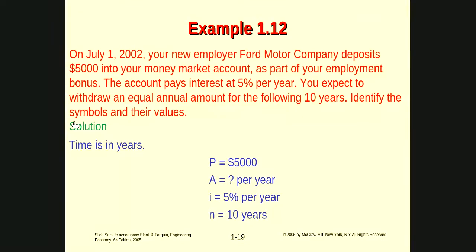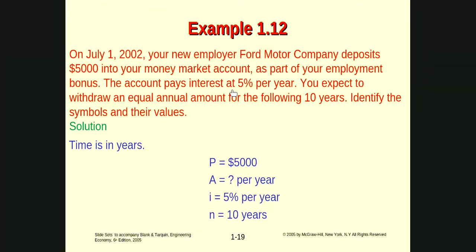Okay, now the company deposited 5,000 in the market account as part of an employment bonus. Regardless of why they did that, they deposited 5,000, saved or invested it. The account pays interest at 5% per year.